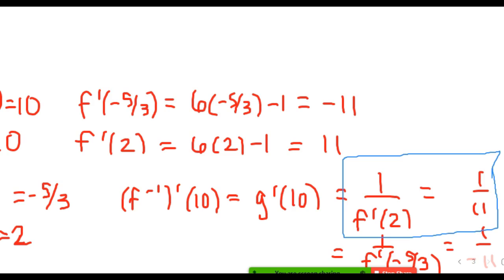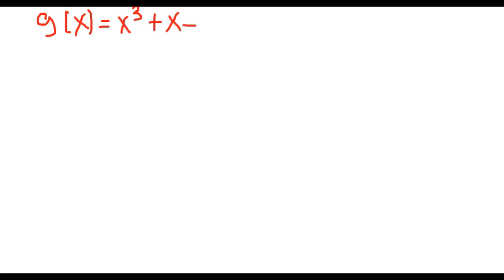And then last one we're going to look at is answer choice number 4. So let's talk about number 4. We have g of x equals x cubed plus x plus 1. H is the inverse of g, and we want to find h prime of 3.